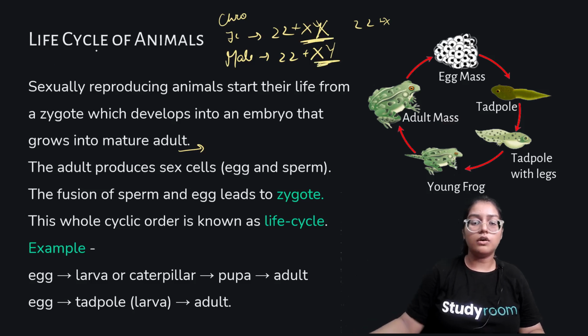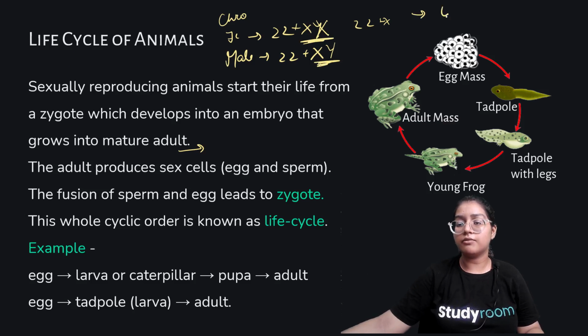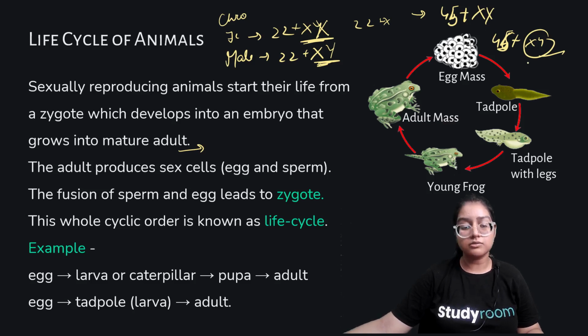In total we have 46 chromosomes, 22 pairs plus the sex chromosomes, where XY denotes one pair and XX denotes one pair. So females have XX and males have XY.